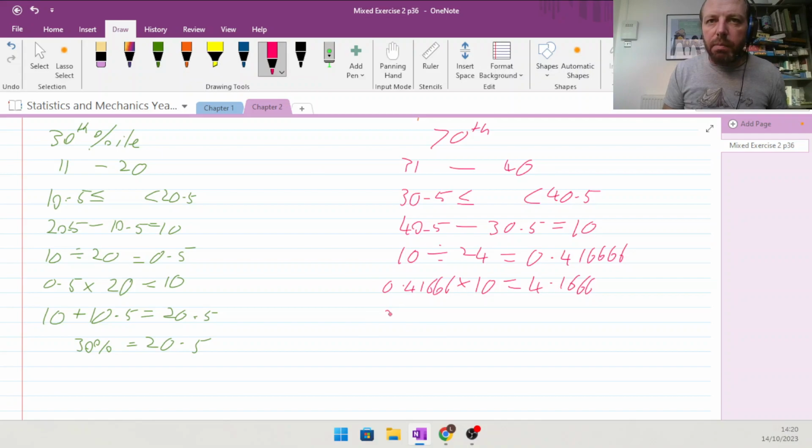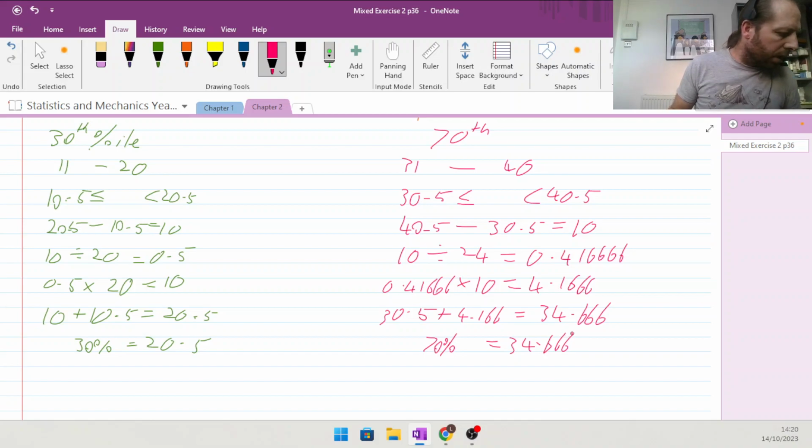So 30.5 plus 4.166 gives me 34.666 recurring, so my 70th percentile is 34.666 recurring.